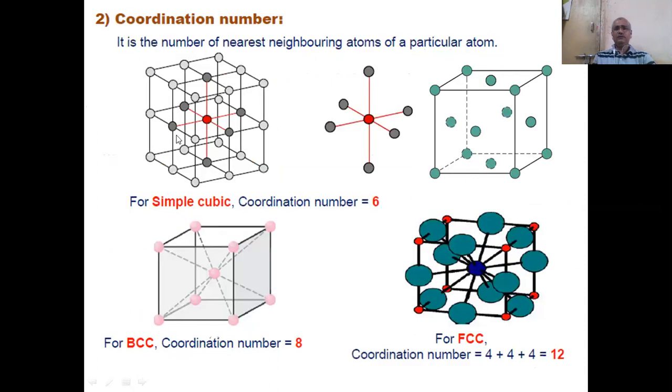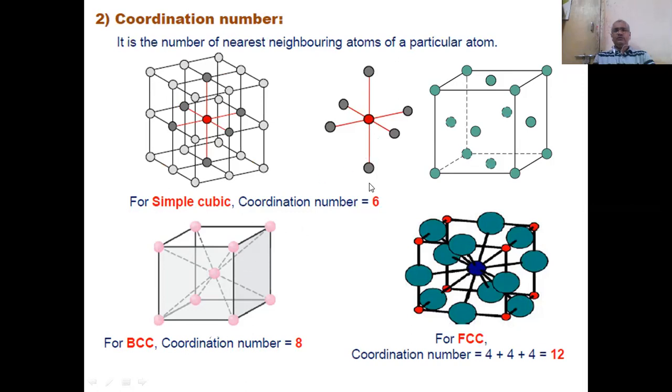So this is the coordination number that I have already told you: the number of nearest equidistant neighbors for a particular atom. These are the nearest neighbors for simple cubic. For simple cubic, the coordination number is 6, because there are 4 atoms as the nearest neighbors in its own plane, one atom above the plane and one atom below the plane.